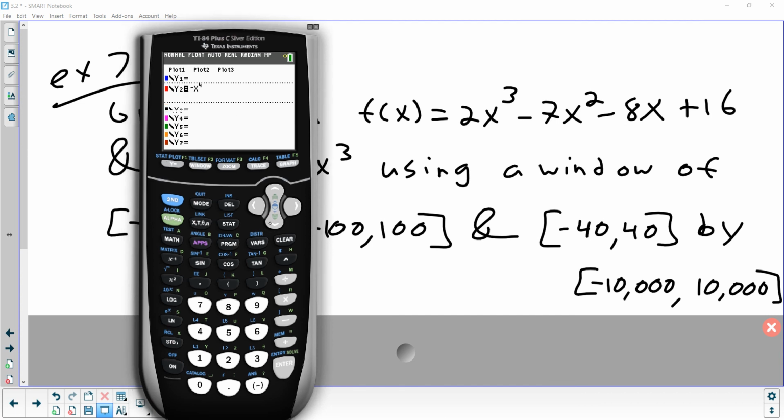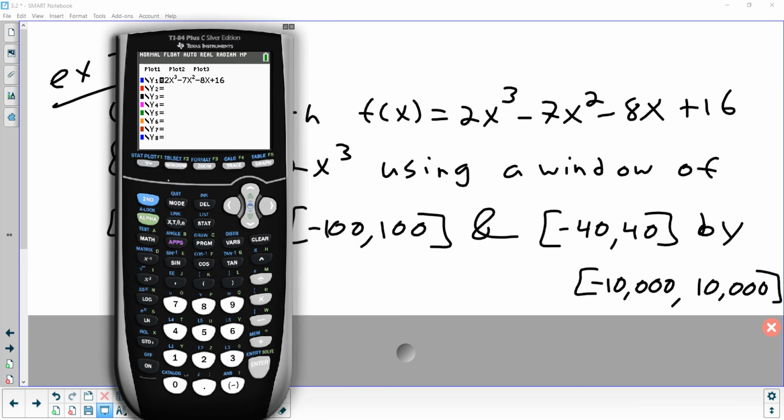All right, so let's type in 2x cubed minus 7x squared minus 8x plus 16. And then we're just going to type in 2x cubed.